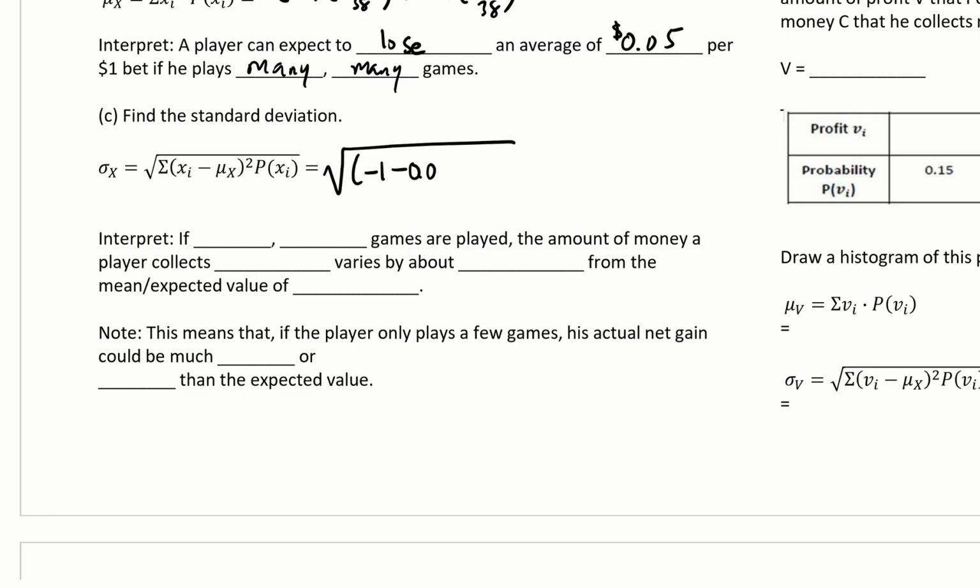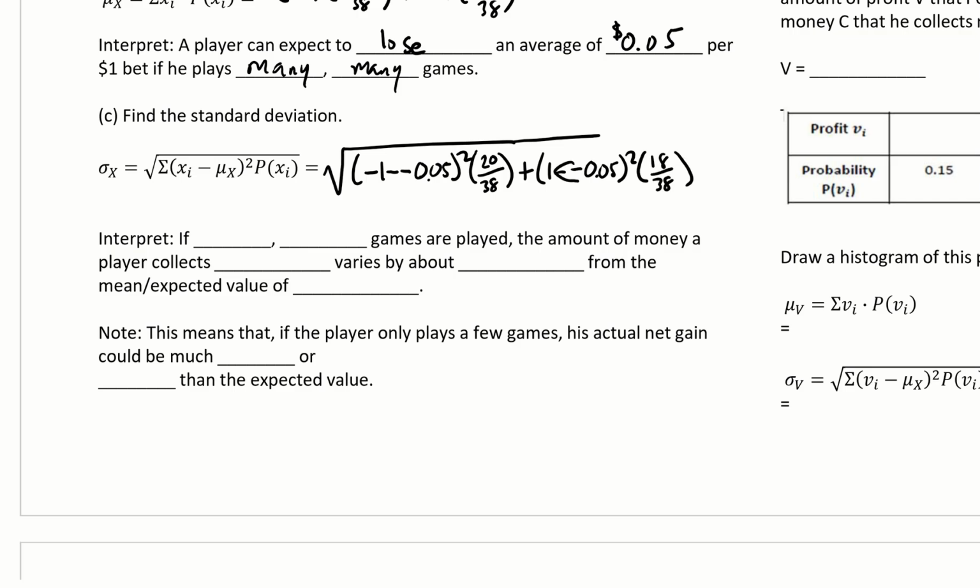Okay, should be an extra negative here. Minus -0.05 squared. There's a double negative there, which turns into a positive, times the probability of 20 out of 38, plus, now the next x value was 1, we gain $1, minus the -0.05 squared, times the probability of 18 out of 38.